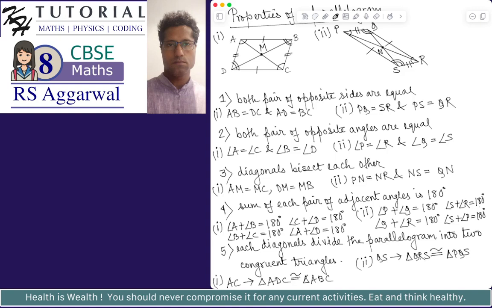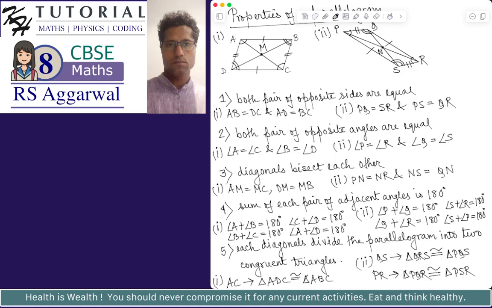Similarly, if I consider the diagonal PR, it is creating the two triangles PQR and PSR, and they are congruent. So these are the 5 properties. I think this will cover all the major properties of a parallelogram. There could be some more properties that can be derived from these properties. I will see if I can incorporate any more properties of a parallelogram.